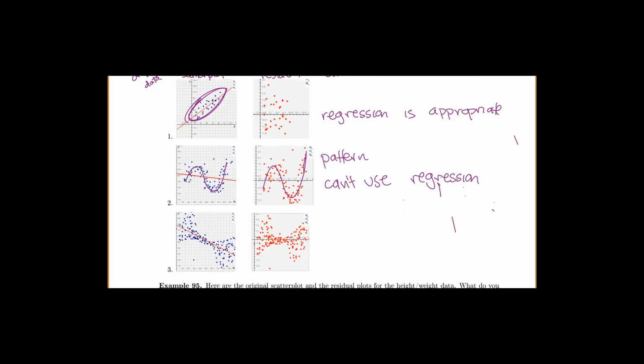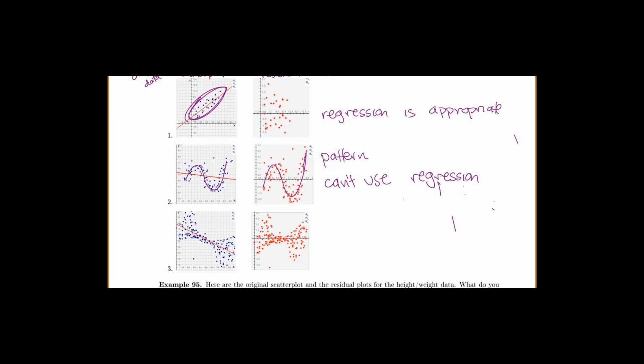And number 3, if I look at my original data, notice that a line is probably still the best thing that fits it. It's not a curve or anything. But over here, my residuals seem to be pretty big. My points are pretty far spread out. In the middle, they're pretty close to the line, and then over here, my points are spread out again. So a football shape isn't appropriate here. I can't just draw a football.